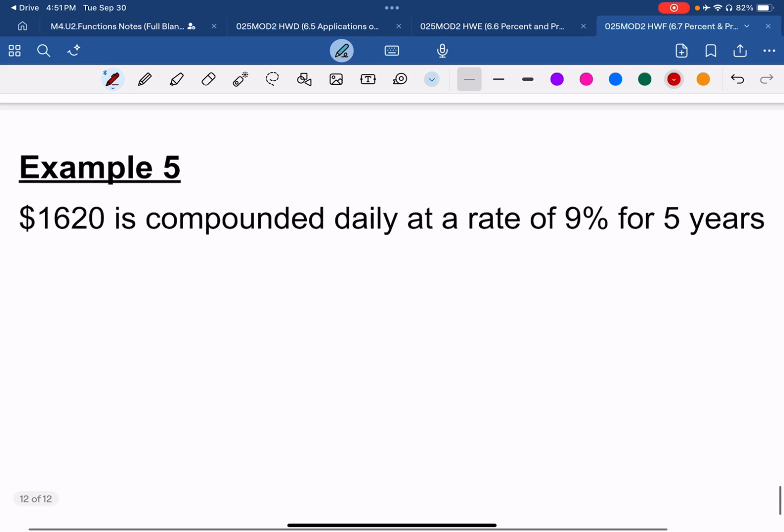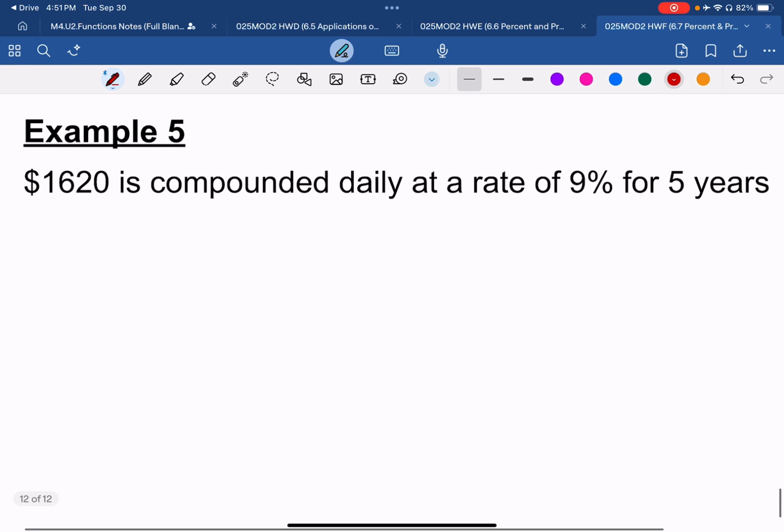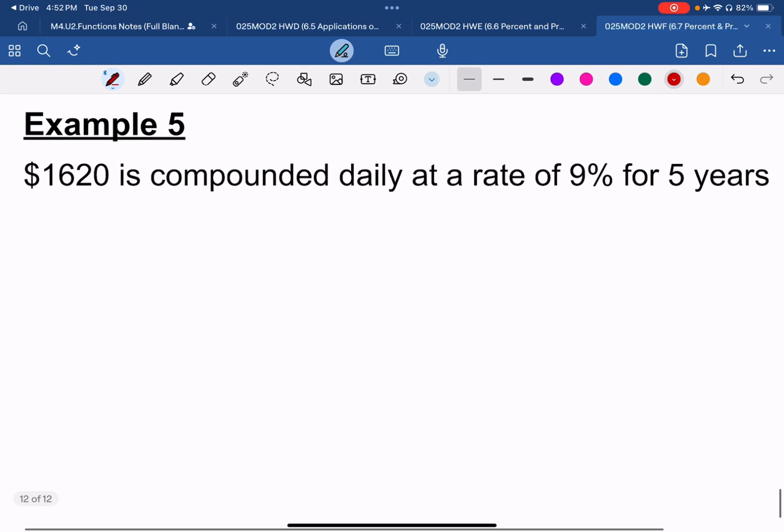Next example says $1,620 is compounded daily at a rate of 9% for 5 years. So this is going to be my amount, so that's my principal.